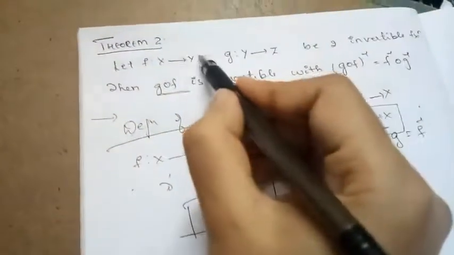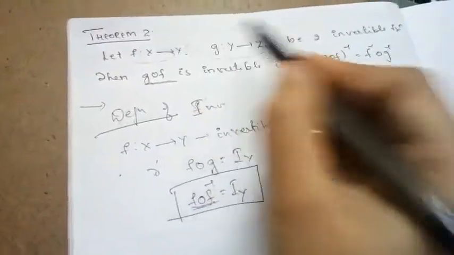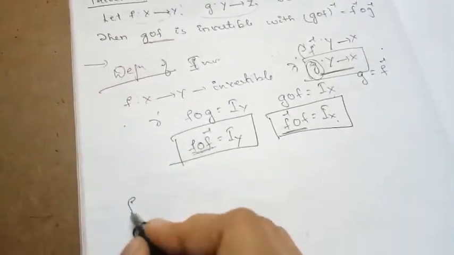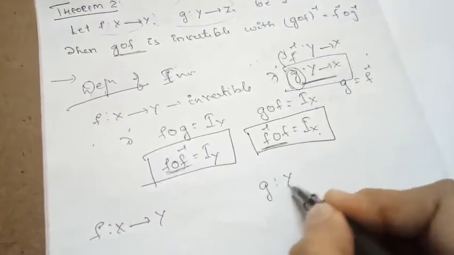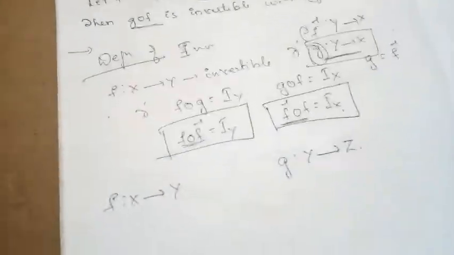Now let us express these two functions as invertible. We are told f from X to Y and g from Y to Z are invertible functions.